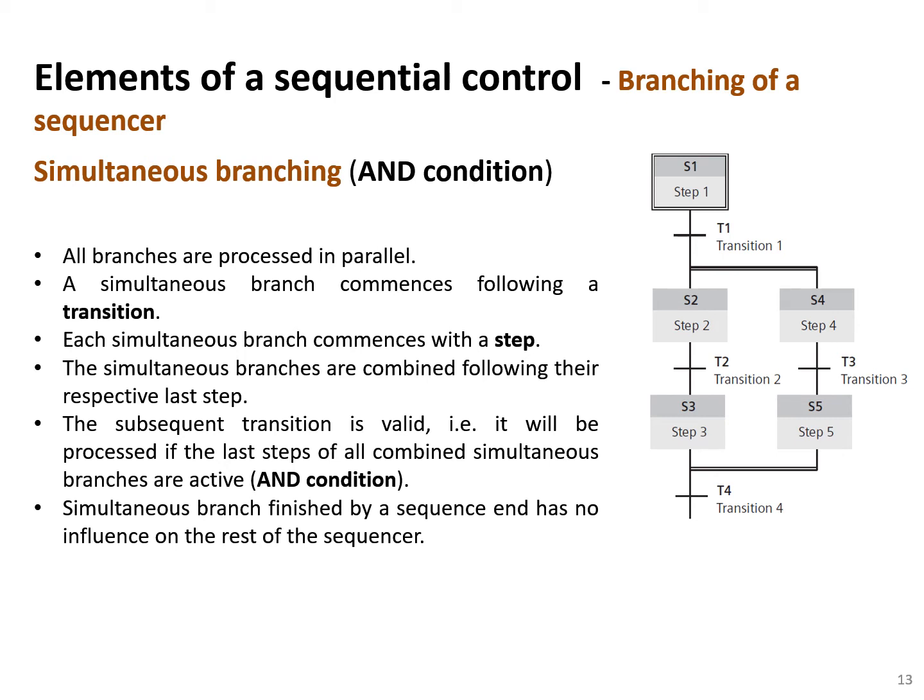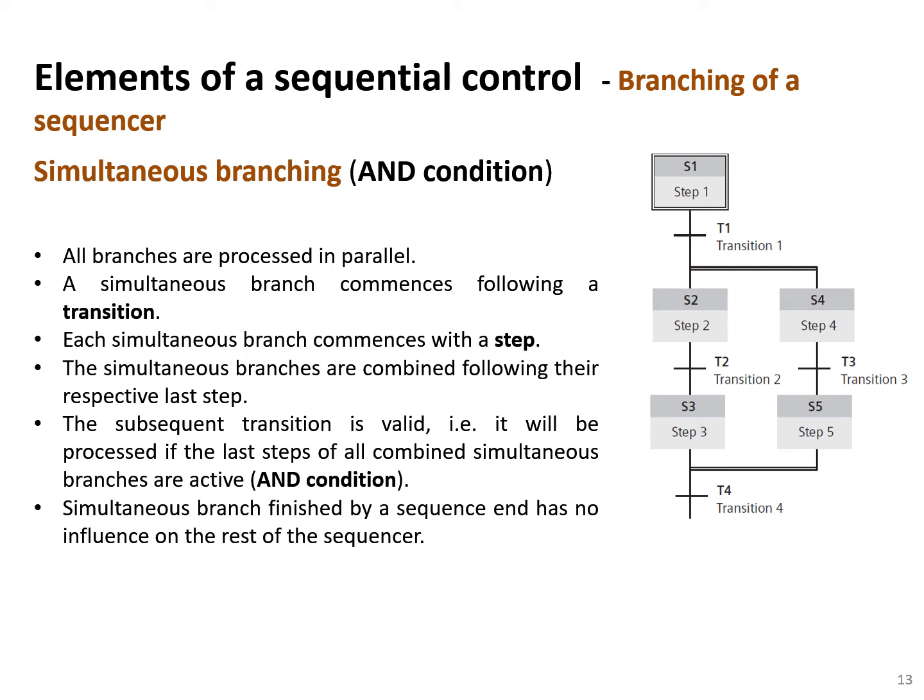Okay, so for example, this branch could be finished earlier than this one. So we will stay here at this step until this branch also is finished. We need to have both of these branches finished, then we can proceed to the next step.